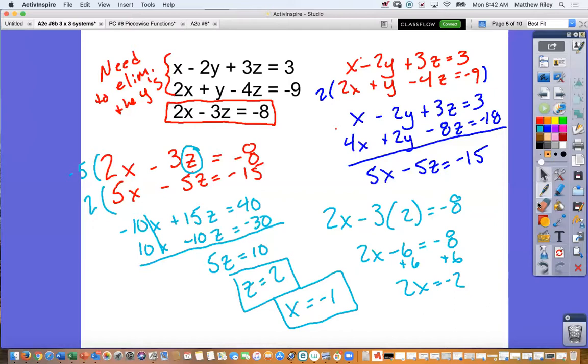Once I have two of them, I'll switch colors. The z and the x, I need to plug it back in somewhere up here to solve for y, and I'm going to plug it into the second equation. I'm going to erase some of this.